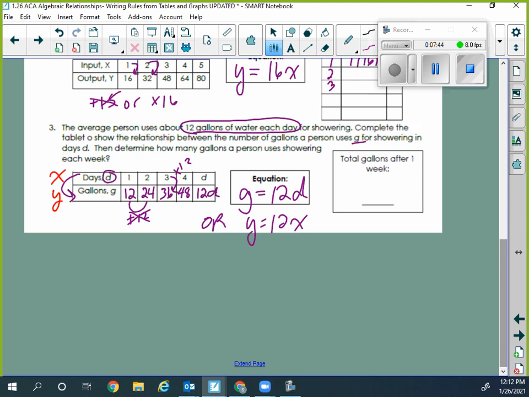And when you knew that it was Y equals 12X, you're going to replace your Y with G, and you're going to replace your X with D, and keep everything else the same. See what I'm saying? That way you don't get confused with other letters. It means exactly the same thing.